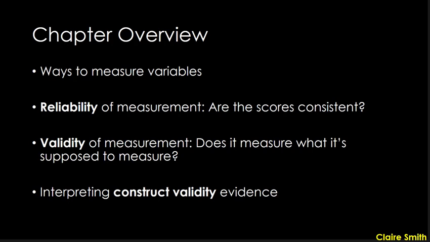Then we'll talk about validity, so trying to figure out if the way we're measuring something is actually measuring what we're trying to measure, right? Is that a valid measurement for whatever it is that we're trying to look at? And then finally, interpreting construct validity evidence.